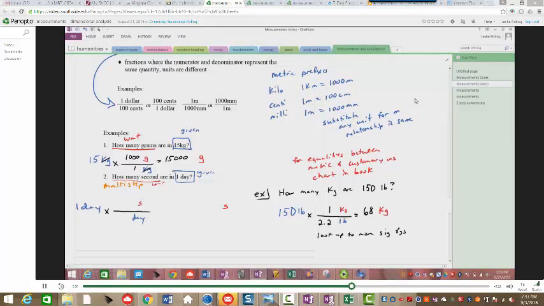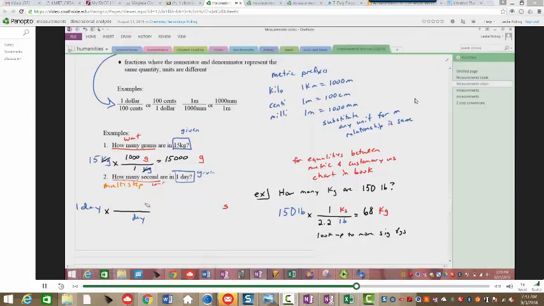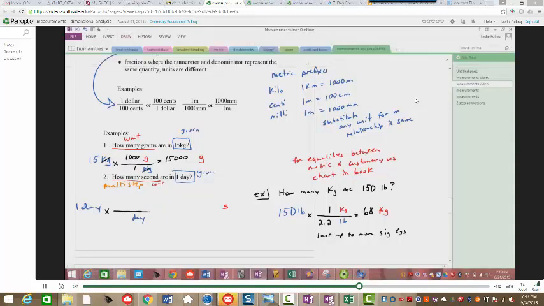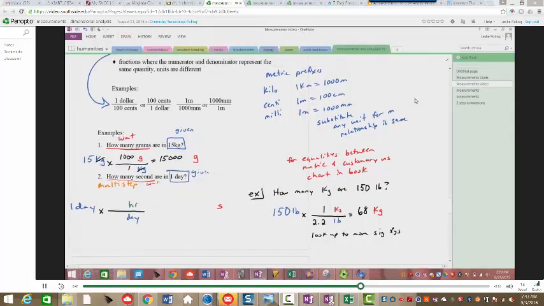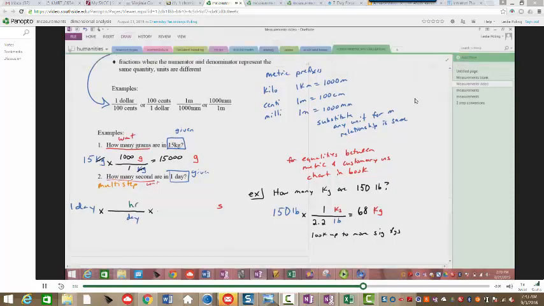But wait, we don't know a relationship between days and seconds, so we can't do that. So we need to take days to hours. Now we're going to need another fraction. And so we're going to bring hours to the bottom so that it cancels.